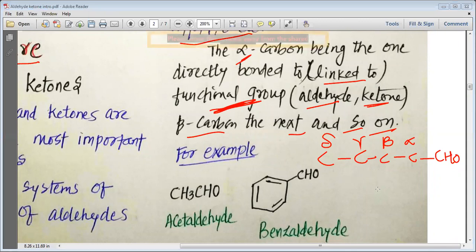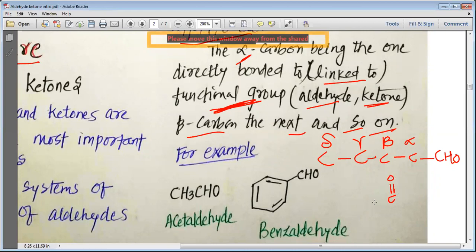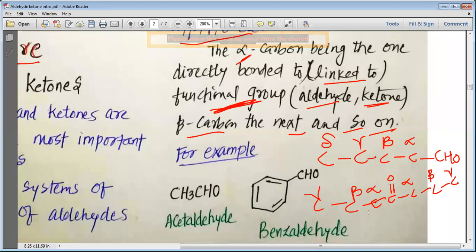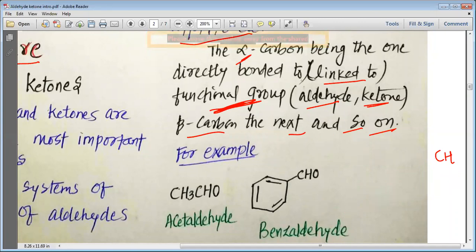Let us again see, if we have a C double bond O group, then we must have carbon on both the sides. When we have carbon on both sides, the carbons should be given the same name. These both carbons will be called alpha, these both carbons will be called beta, these both carbons will be called gamma, and so on. And the next carbons will be called delta. This is how we provide the nomenclature according to the common names.